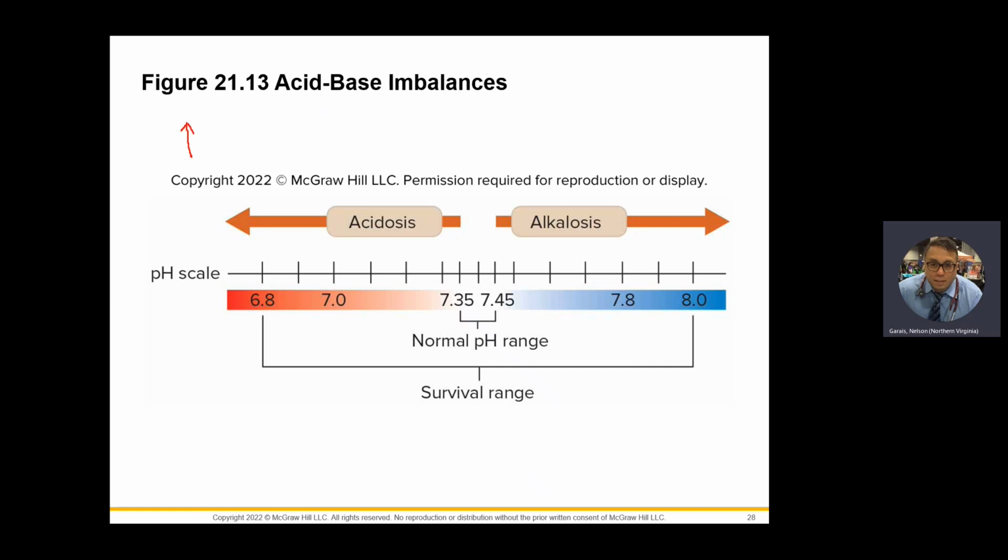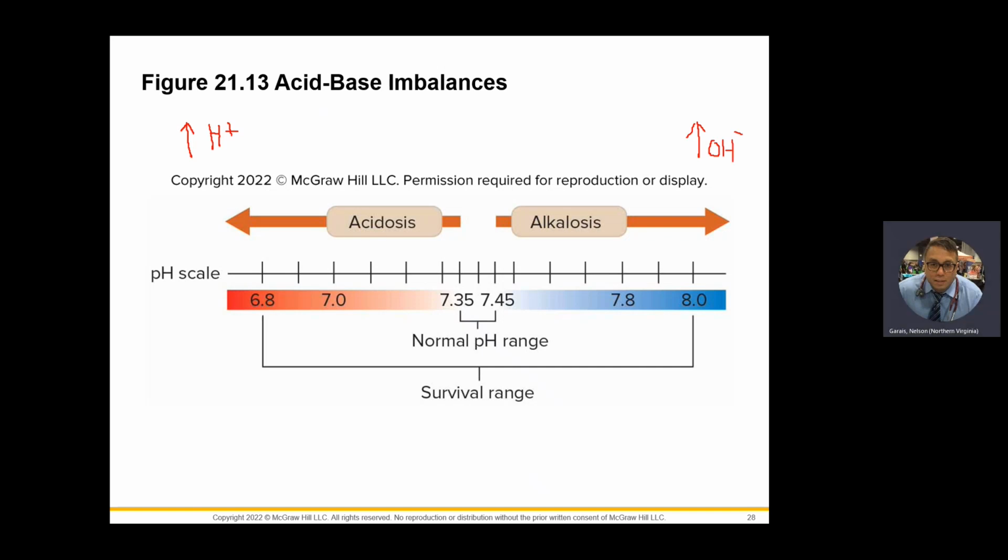So on this side, of course, my patient has a lot of hydrogen. On the other side, alkalosis, my patient has a lot of hydroxide. Either situation is not a good situation to be in, because I need to be where? I need to be in the middle.